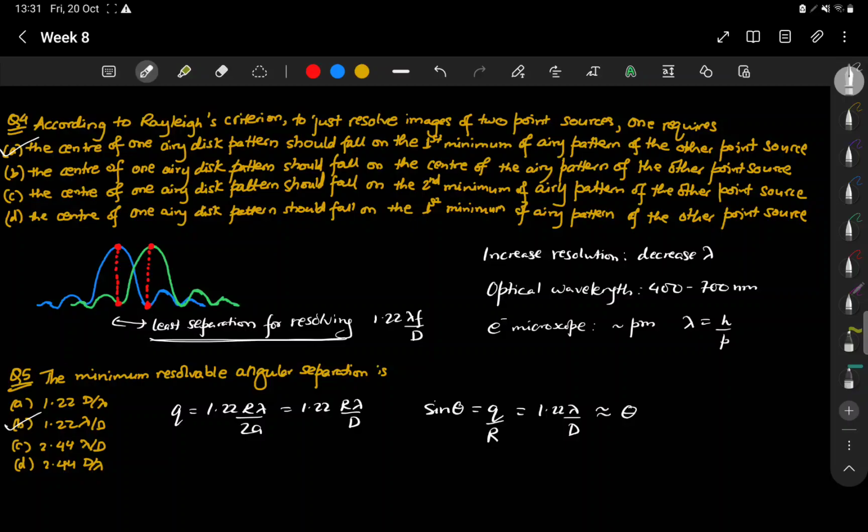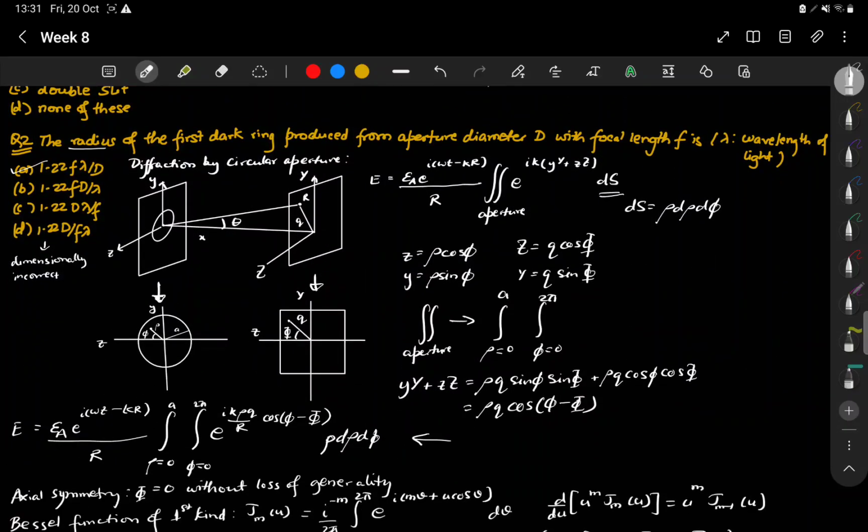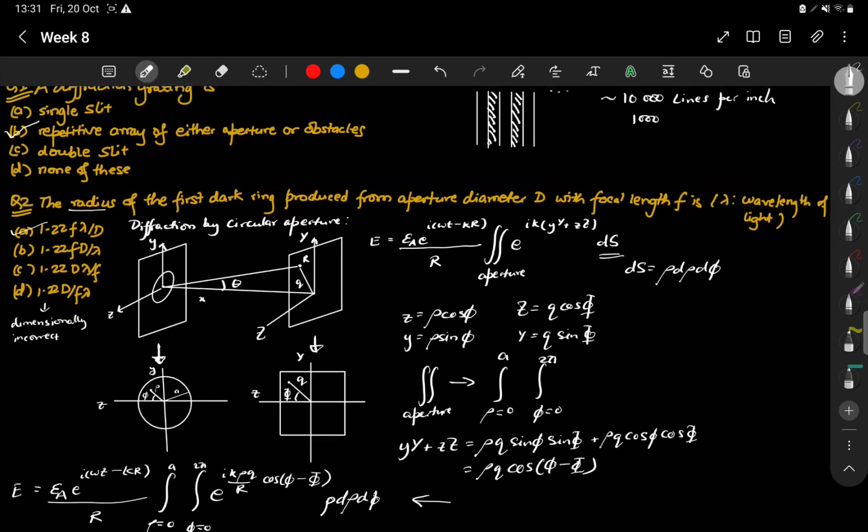Okay, someone is asking why I wrote sine theta is Q by R. Again, if you go to question 2, you see from this diagram over here, this is theta, and this distance on the screen from the origin to the point is Q. Okay, I did not write what is R. So this is the distance R. I think that was the confusion.